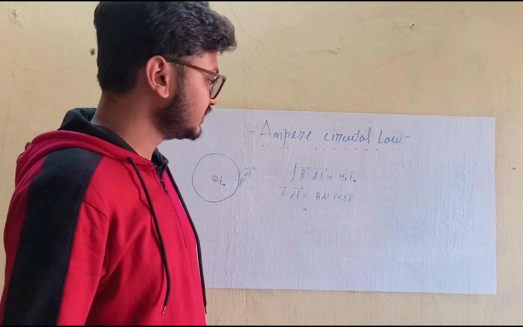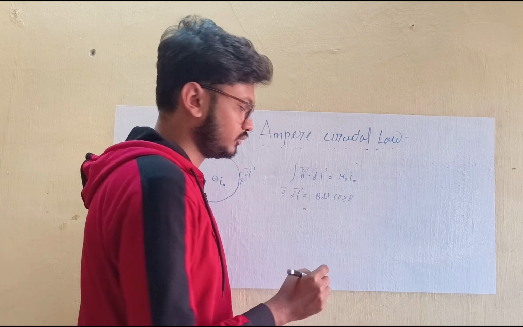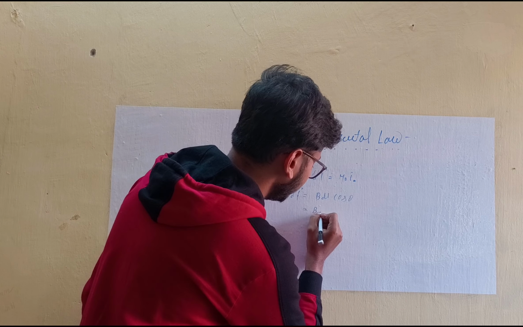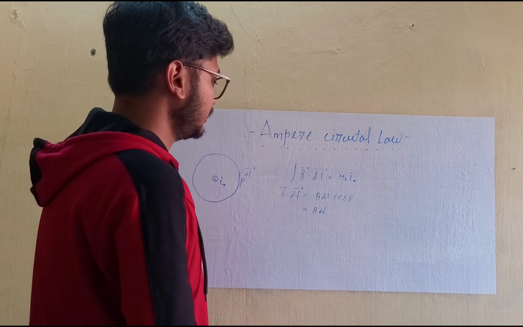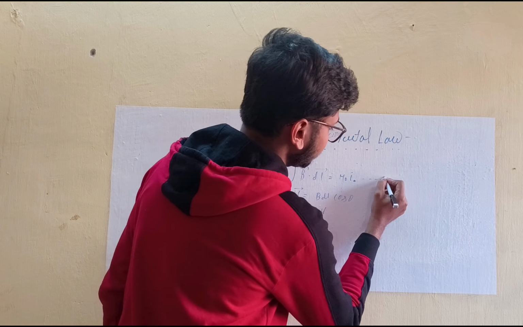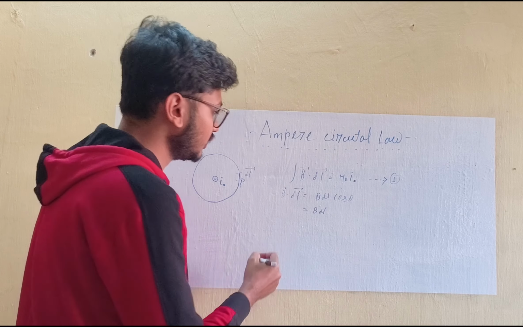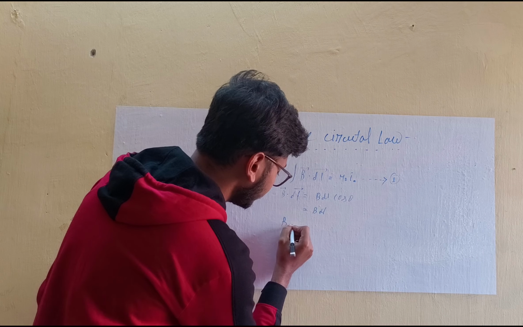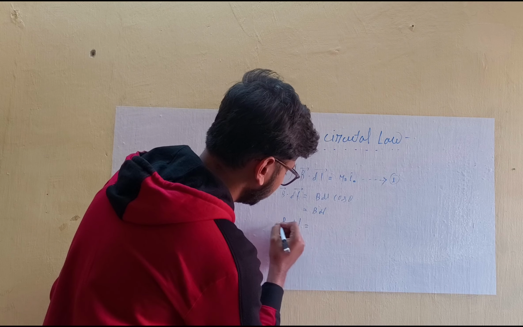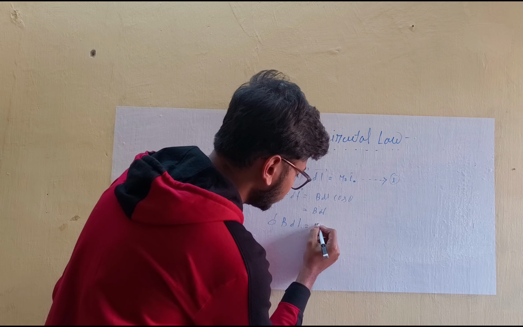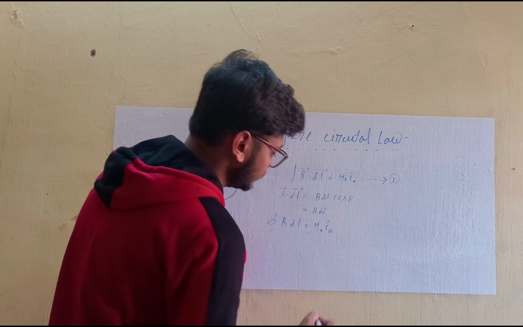As theta is equal to 0, cos theta equals 1. So we will take B dl only. We number that as equation 1. So from equation 1 we can write that the closed integral of B dl is equal to mu 0 times I0.